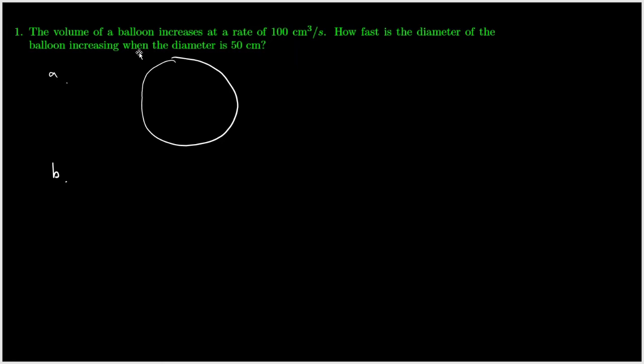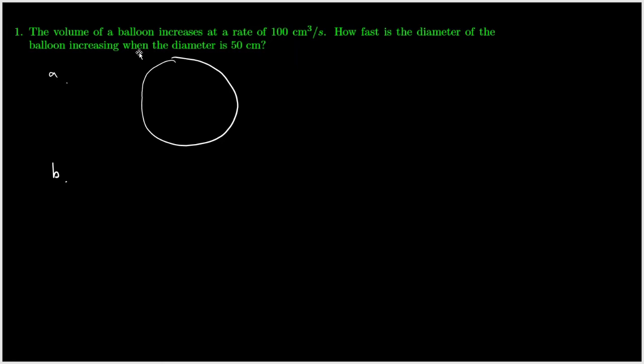And then in step B, because you told me earlier, the volume increases. You're given the rate of change of the volume, and we are looking for the rate of change of the diameter. Now we are going to use some letters to denote the two variables. I hope it's not hard to understand, the volume is a function of t.